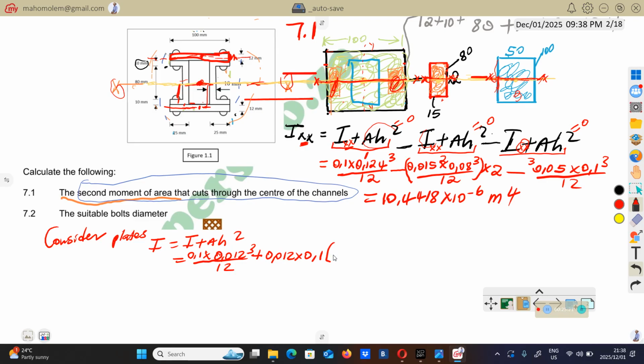So you will have 0.056 squared. So that will be the I of one plate. But remember, we have two plates, and at the end we have to multiply it by 2. So this one is just going to be the I of one plate.